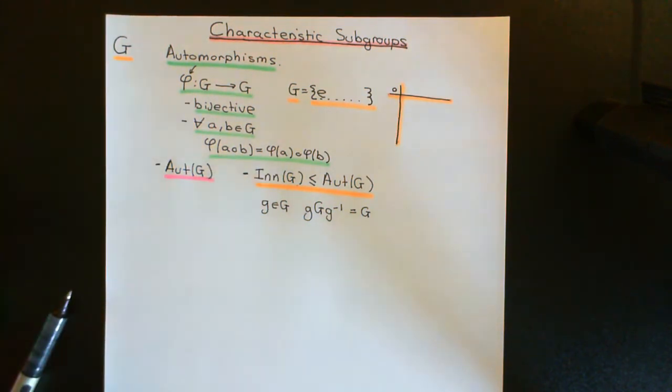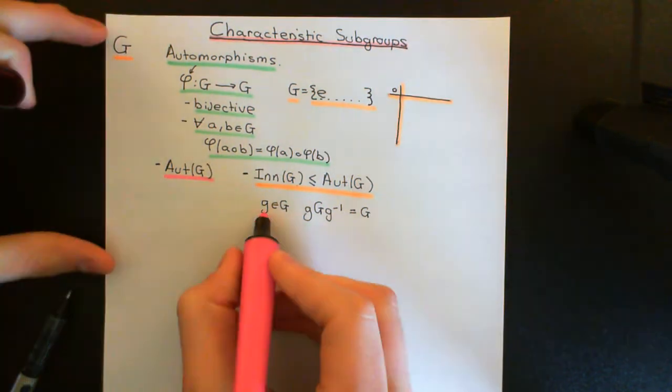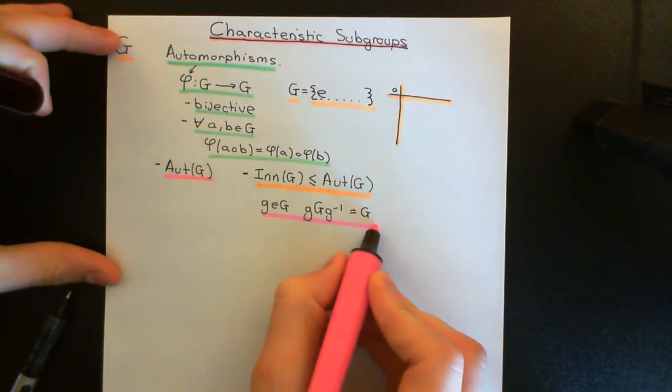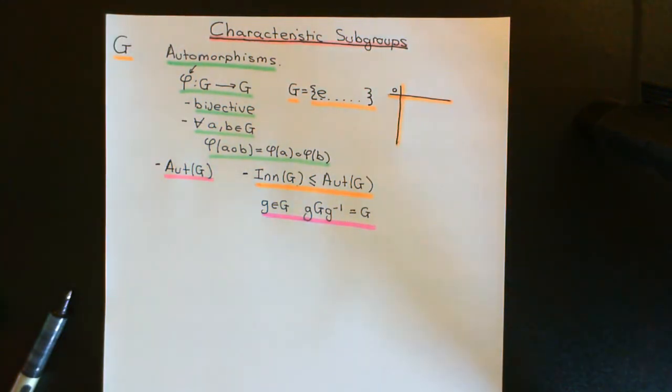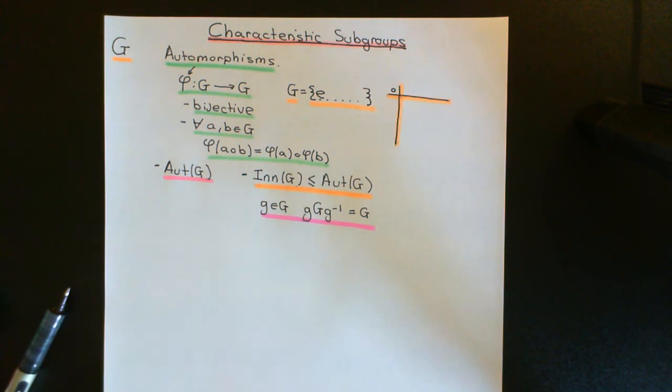Such automorphisms, where all you're doing is conjugating all elements by a certain element of the group, are called inner automorphisms. So to find all of the inner automorphisms, you go through every single element of the group, conjugate every other element of the group by that element, and form a mapping from that. Let me make this explicit.